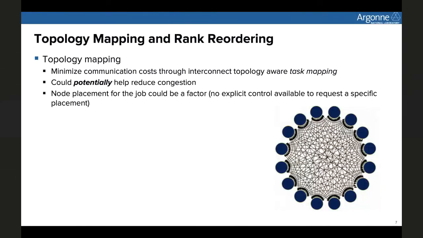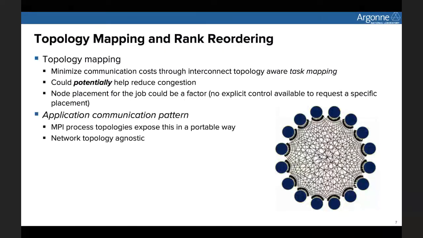So let's say you're running a 256 node job, the nodes that are allocated for that job could be scattered potentially across all the 12 groups. The number of groups on Theta is 12 Dragonfly groups. So by using this topology mapping, I could have some control over the communication topology.